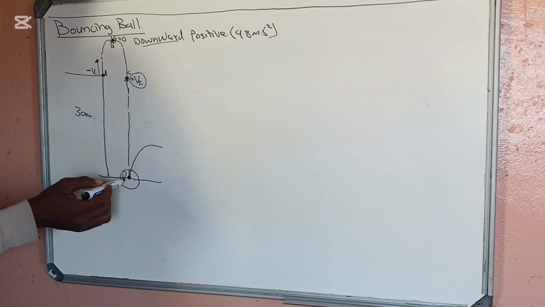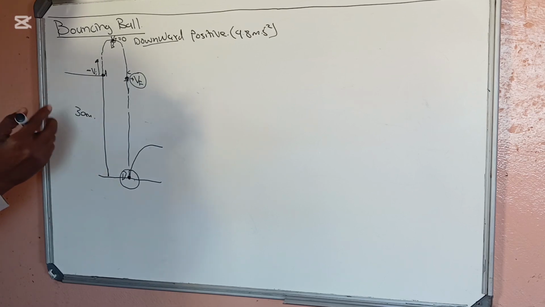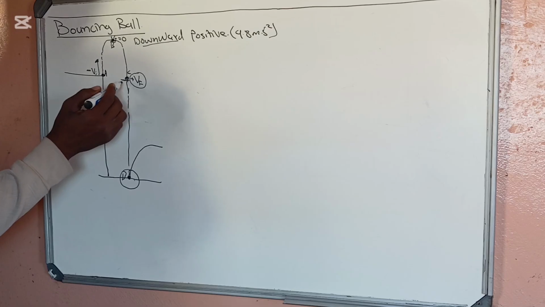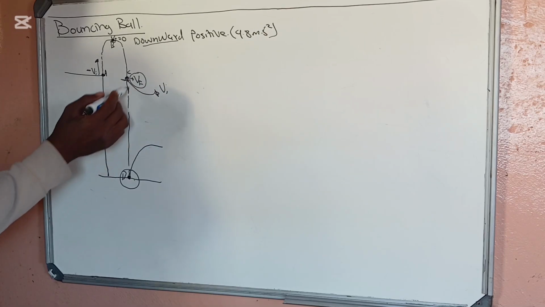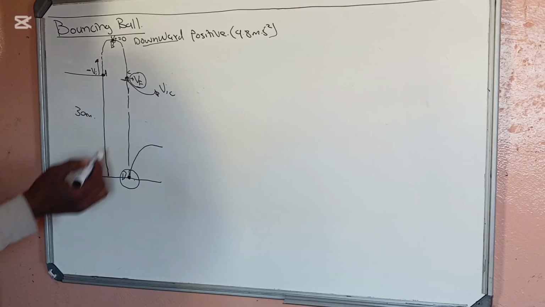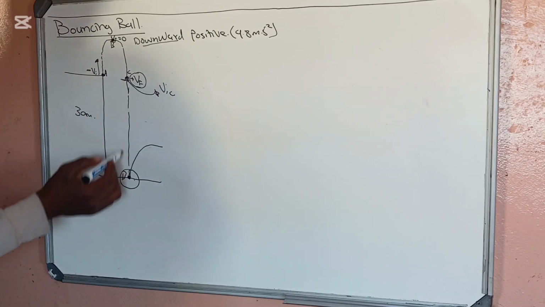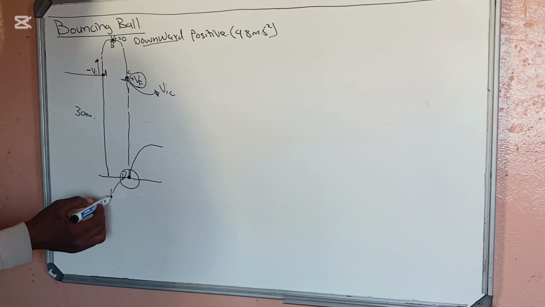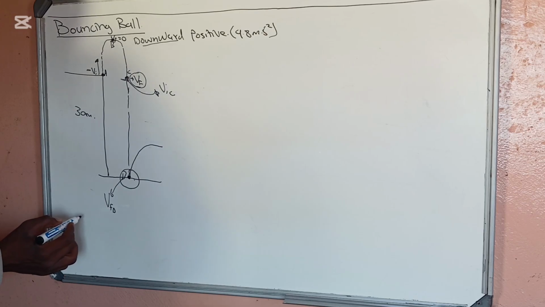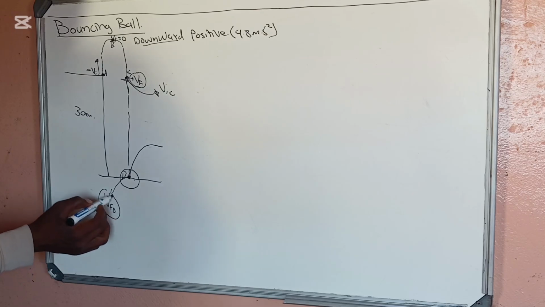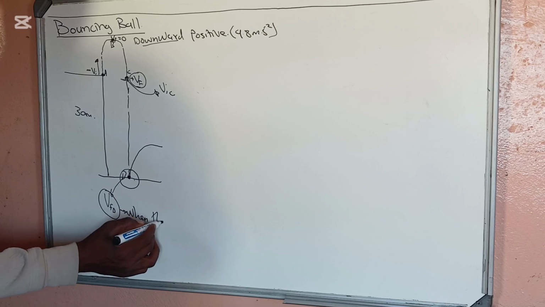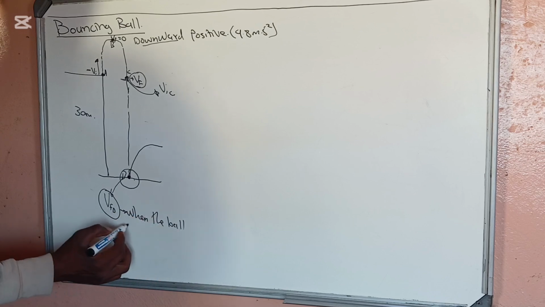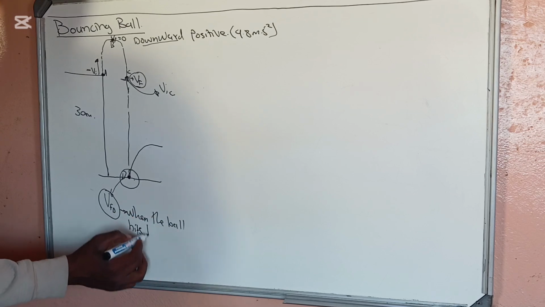So from here to here, you have two velocities, which is here when it leaves, now we call it Vi because it is leaving point C. Now it goes to point D, and at point D you have velocity Vf. And this velocity is when the ball hits the ground.